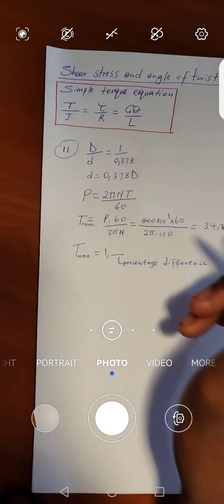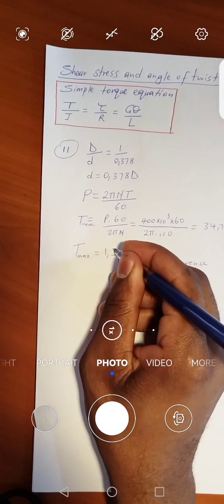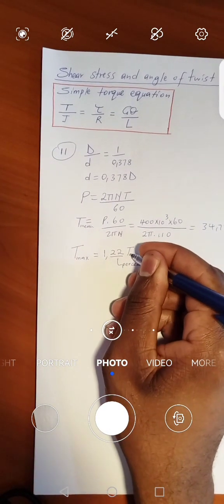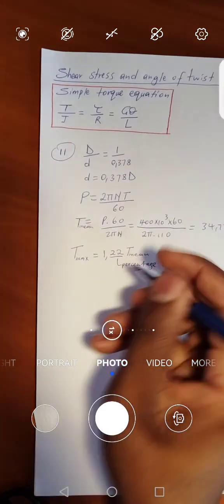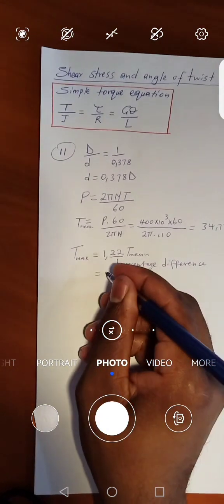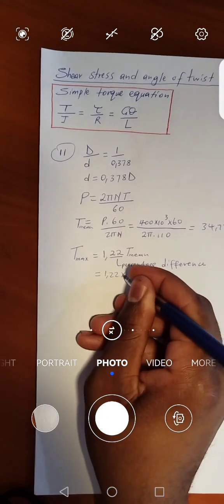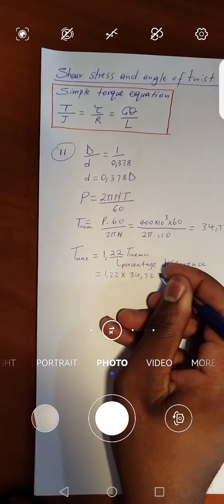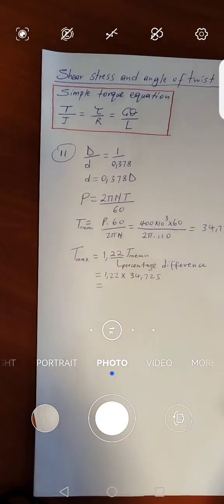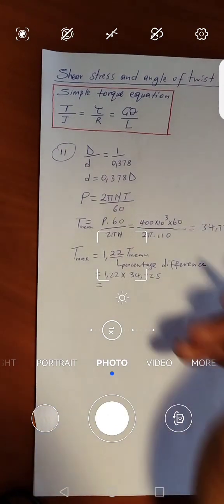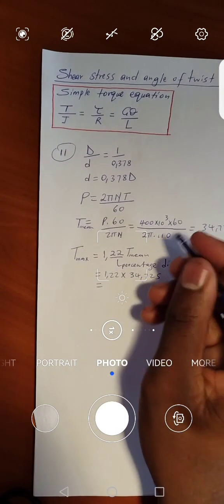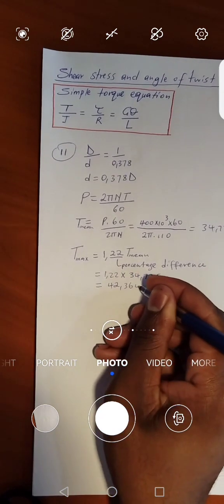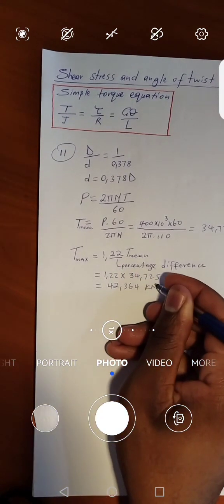Then you will just have to put that 22% here, and then multiply by T mean. Then you will have 1.22 multiplied by T mean, which is 34.725. Then finally you will have 42.364 kNm.